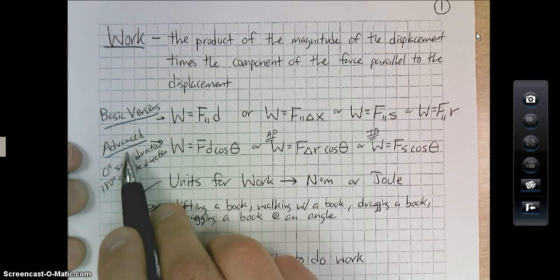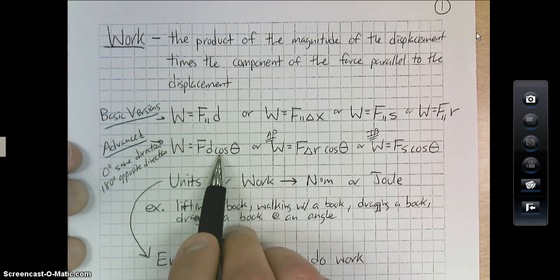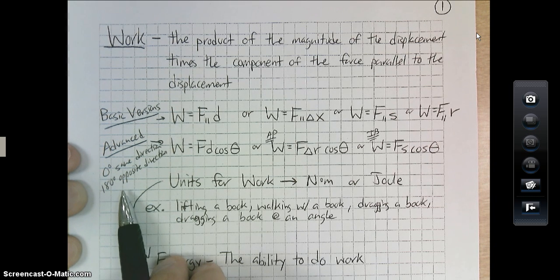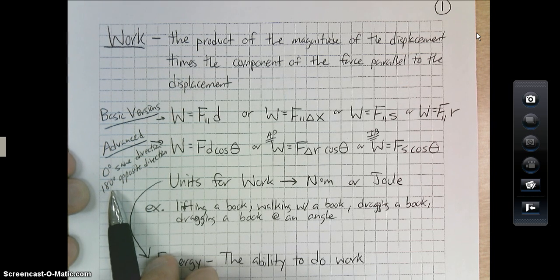Now, one thing that I should point out is that if you use cosine of 0, 0 is indicating that you're moving in the same direction as the force is pushing. And if you were, say, using friction to slow something down, then the friction would be acting opposite the direction that it's moving, so it would be at 180 degrees. This also comes in handy when we talk about positive work or negative work.